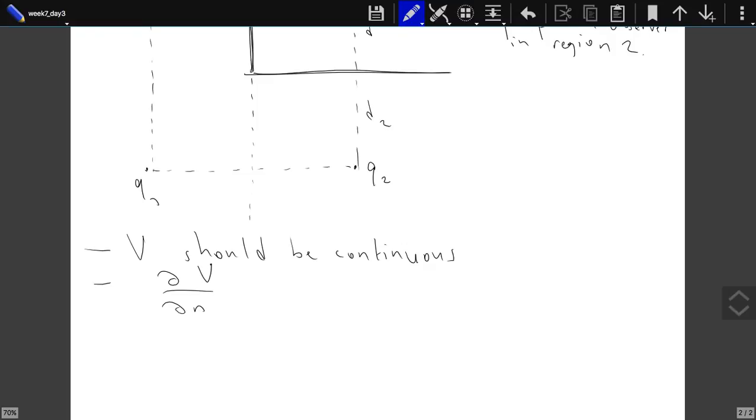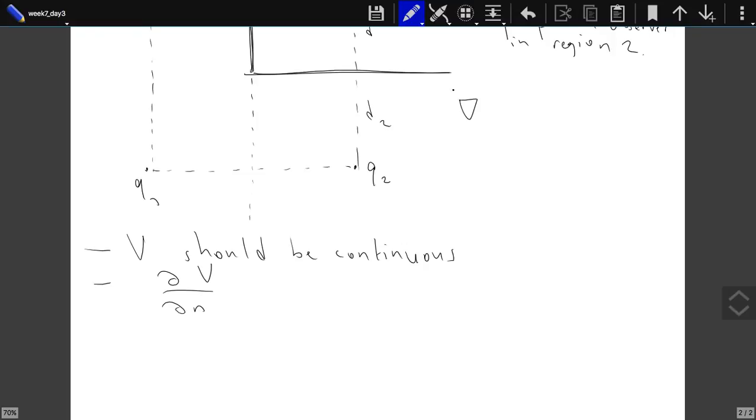Well, there will be some charges due to the polarization of the medium. So the electric field will not be continuous across the interface. But there is another quantity that will be continuous. Polarization? No. What are the equations we have for the dielectric?